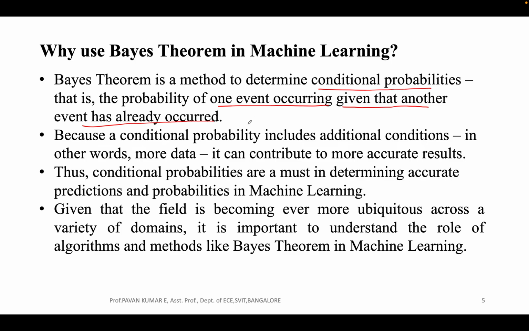So more data will be used to get a more accurate result. Thus, conditional probabilities are a must in determining accurate prediction and probability in machine learning. It is obvious that we have to go for accuracy and predict the result, so we go for Bayes theorem.